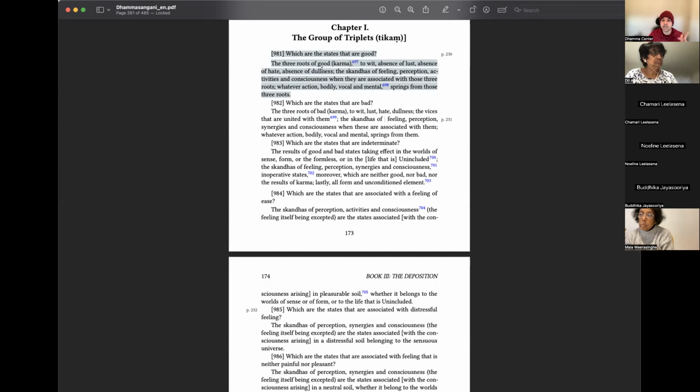The khandhas, when associated with these three roots, which can also bring about intimation through body, speech and mind, spring from these three roots. It is with that paragraph that in the chart we find what is kusala dhamma.